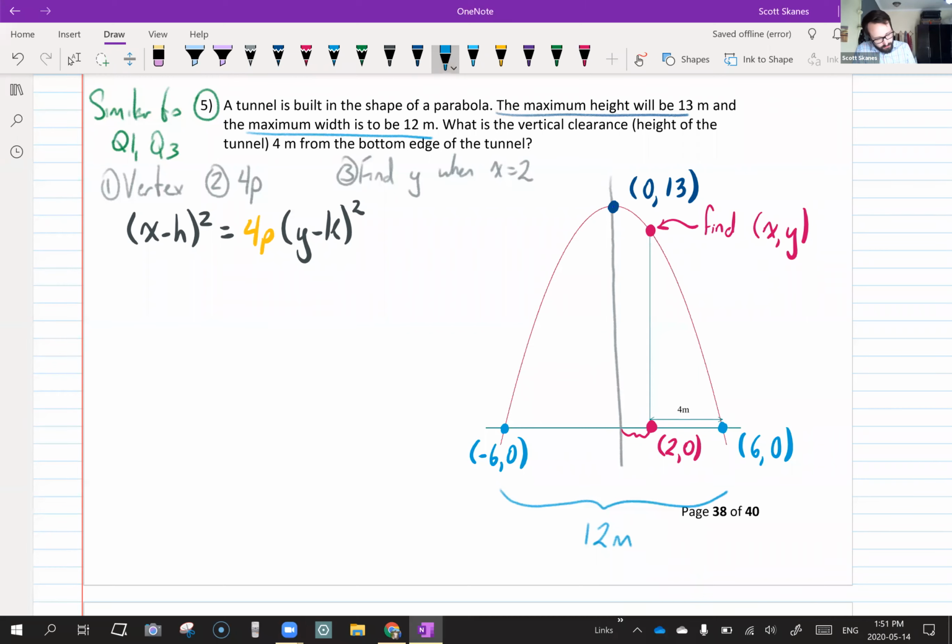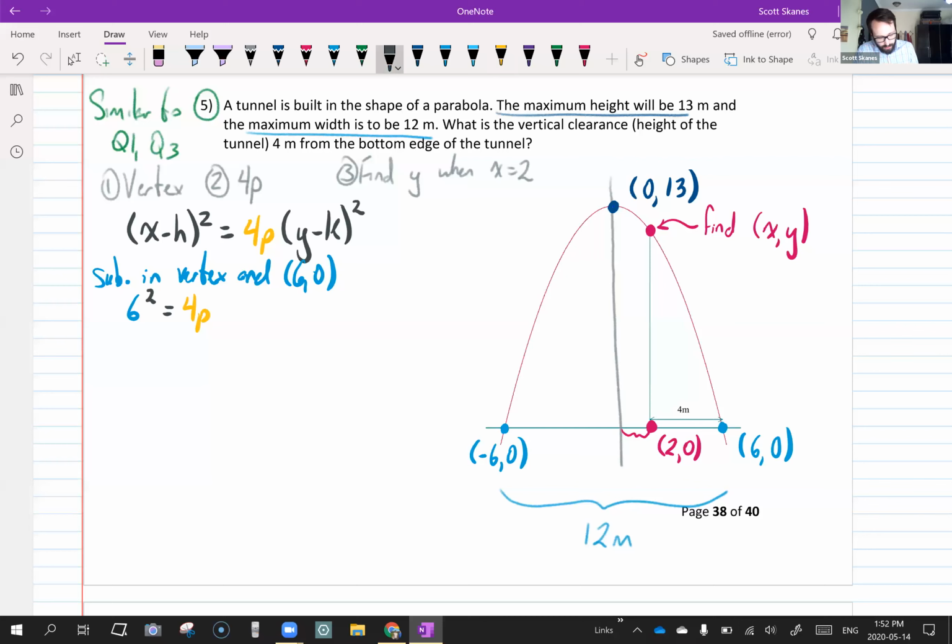We need to substitute in the vertex and 6, 0. Really the important thing is the 6, 0. Let's do that. We have 6 minus h. In this case, h is 0. I'm just going to write the 6. Let's skip a step or 2. It's going to be 6 squared on that side. We need to solve for the 4p.